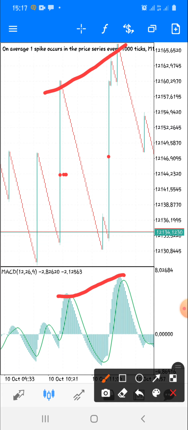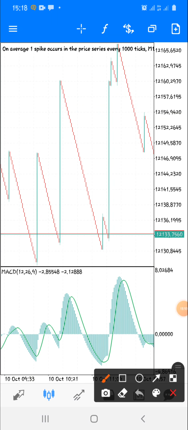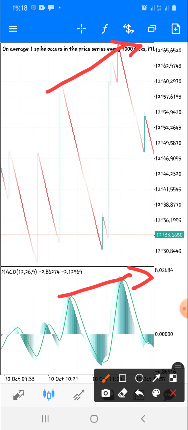If they are the same here, it means there is no divergence. Please kindly note that if there is an angle difference between two lines, it means there is divergence. But if there is no angle difference between two lines, it means there is no divergence.